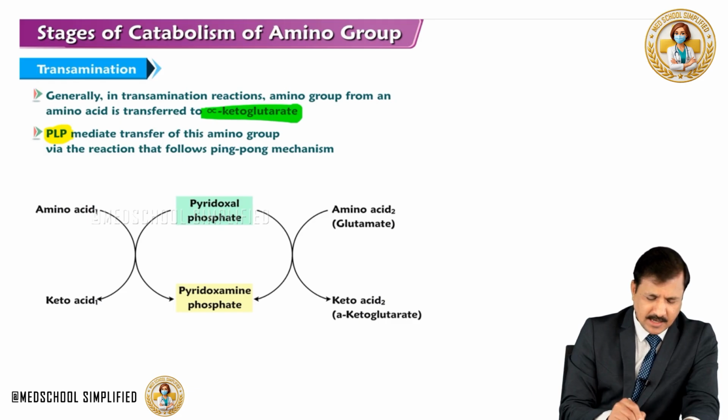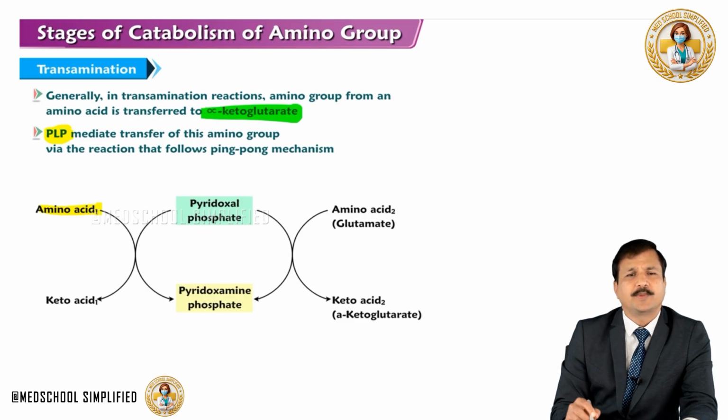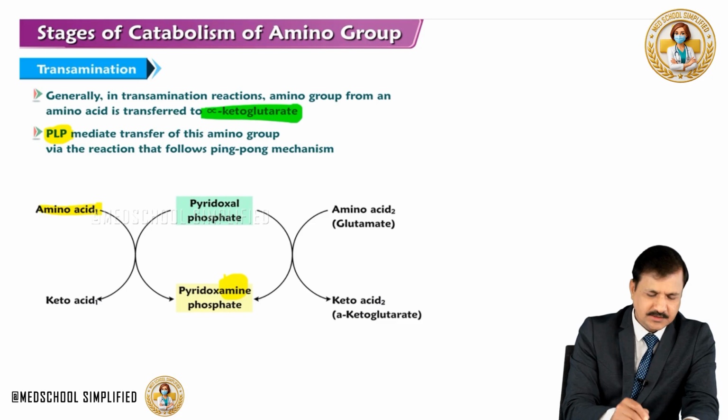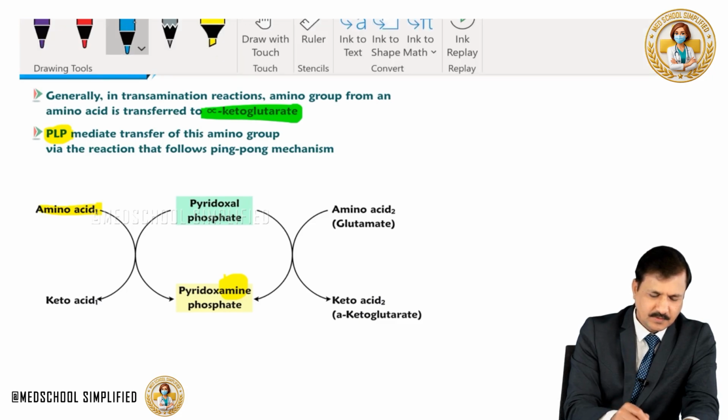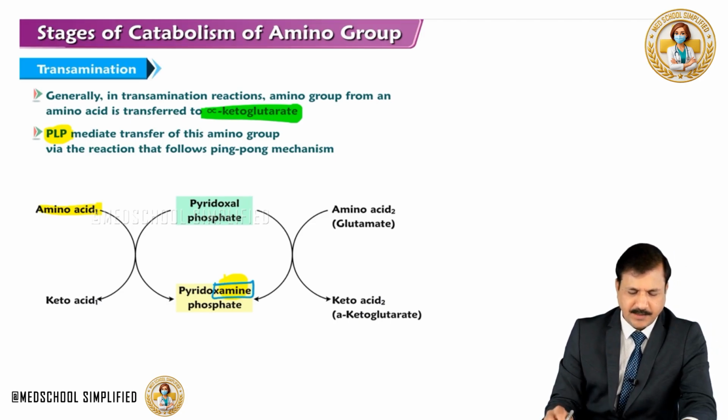As you see, an amino acid which carries an amino group is first going to give its amino group to pyridoxal phosphate, which in turn becomes pyridoxamine phosphate. Look at the amine group there, pyridoxamine phosphate. So I'm going to highlight that amine group, pyridoxamine.